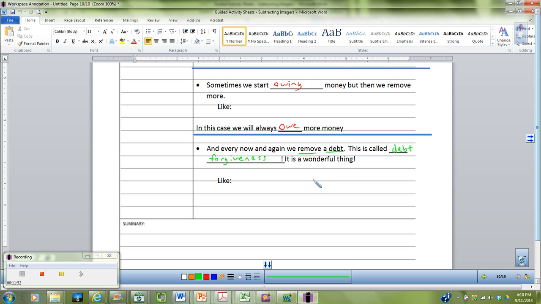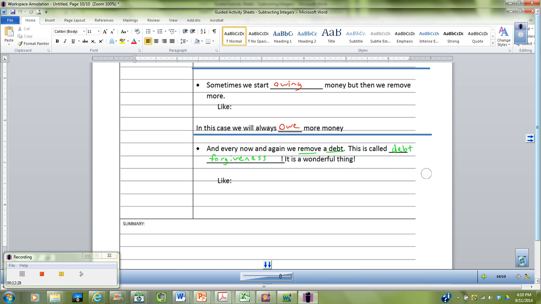So say that $2,000 that I had given to the government, right? I gave them $2,000 of debt, and they remove that. So if they remove that debt of $2,000, I actually get a tax return of that money back. Okay, and that's where they got that rule, right? A negative times a negative is positive. I'm removing a negative, and I kind of get that money back.